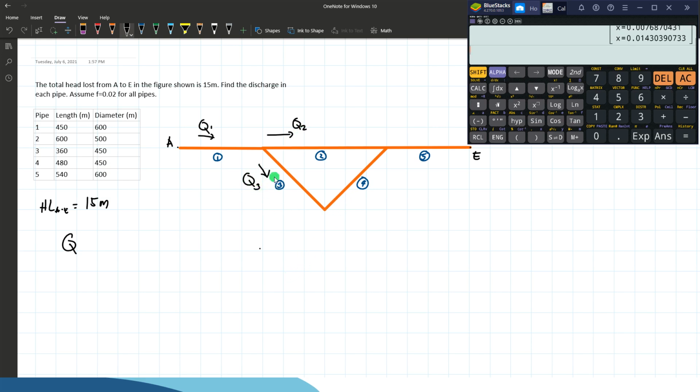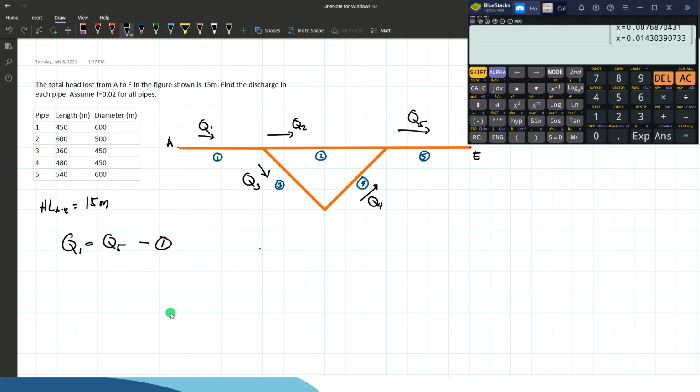Then Q3 at pipe number 3 is connected to another pipe, so it is in series, pipe 3 and pipe 4. So discharge at pipe number 4 and merge again at pipe number 5. So basing on the discharge, we can say that the discharge at pipe number 1 is equal to discharge at pipe number 5, or the inflow is just equal to the outflow.